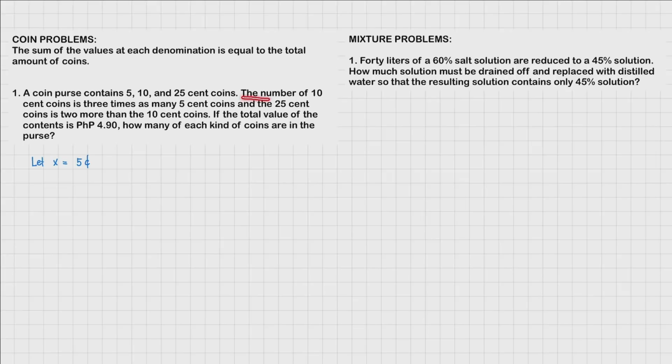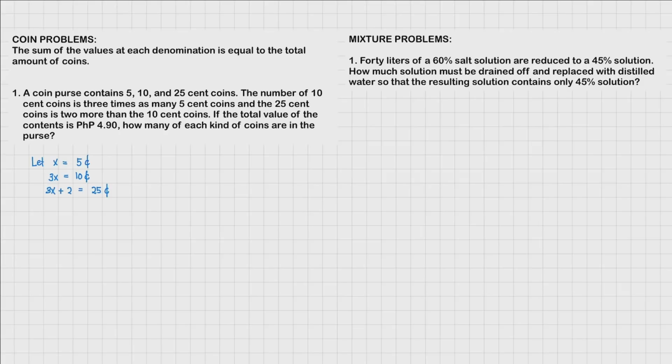From the second statement, the number of 10-cent coins is 3 times as many as the 5-cent coins, so 3x would be the number of 10-cent coins. And the number of 25-cent coins is 2 more than the 10-cent coins, so we have 3x plus 2. So that is our 25-cent coins.